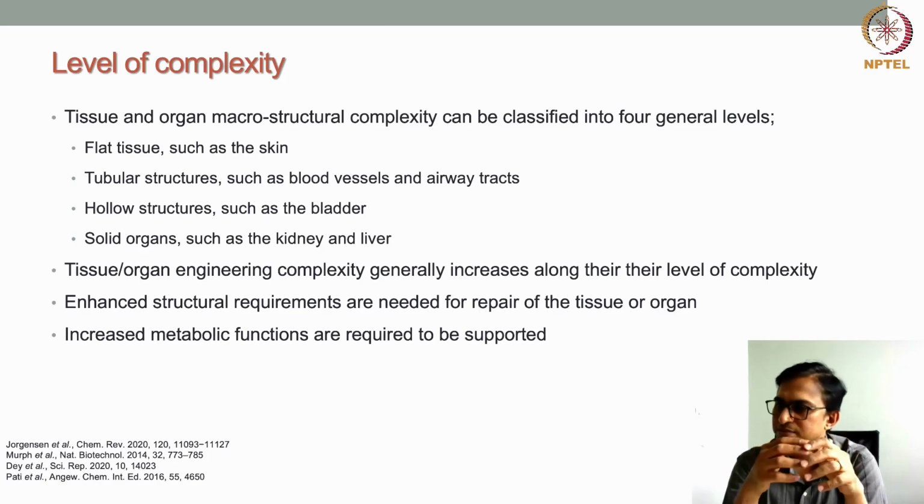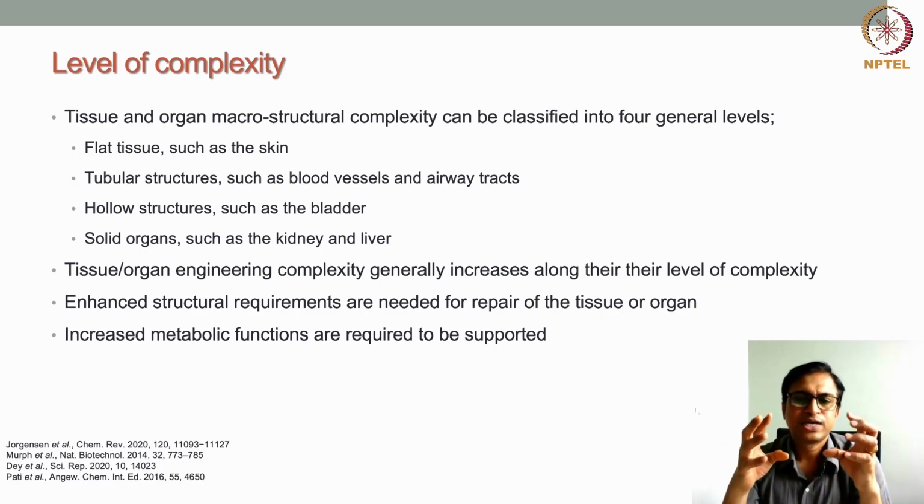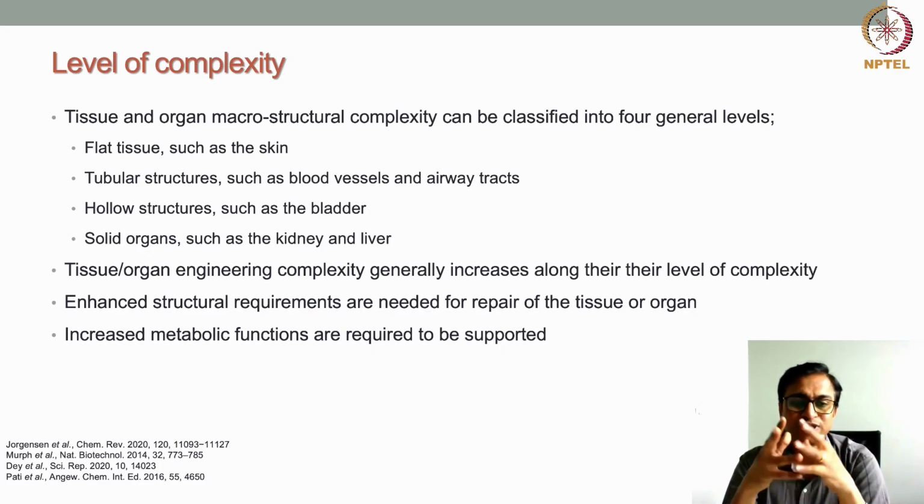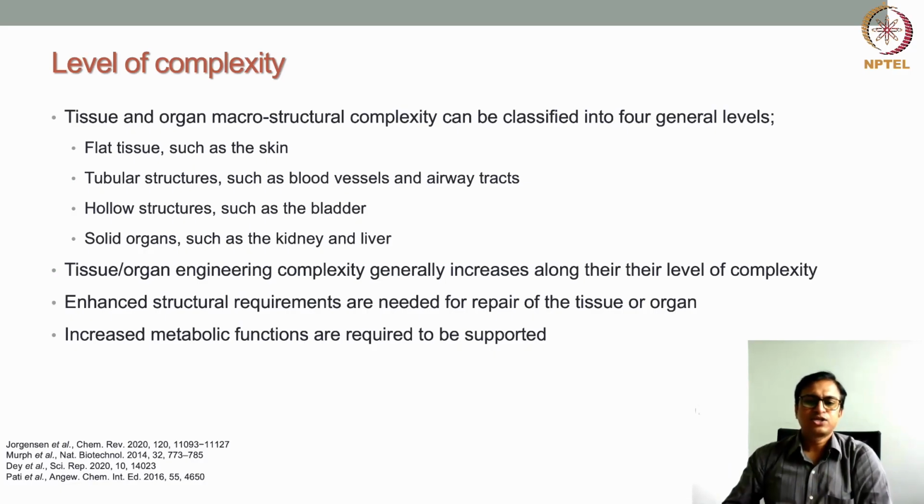It is much easier to print a flat structure than more complex structures like kidney or liver. So if you see the tissue and organ engineering community, they started with these simpler organs or tissues.